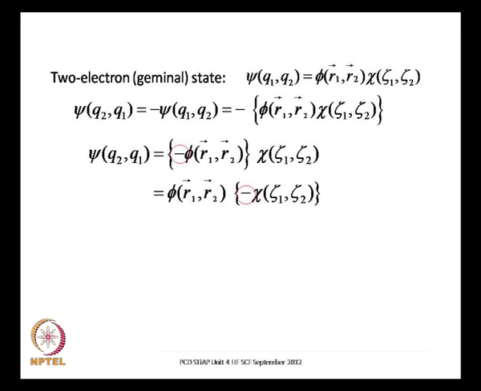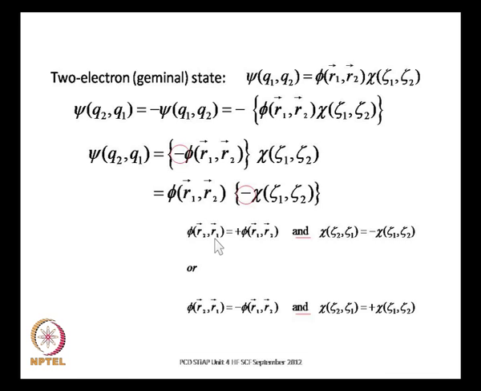Now this has very important consequences. So this is what we have got, and you have the antisymmetry contained in this minus sign associated either with the orbital part or with the spin part, and these are the 2 possibilities.